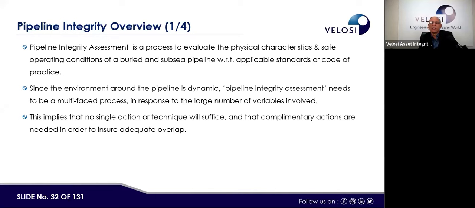ICDA is internal corrosion direct assessment, ECDA is external corrosion direct assessment, then SSCDA, which is sulfide stress corrosion related damage mechanism and direct assessment. So pipeline integrity is practically simpler than the plant, but it has to be managed via external parameters, as the length, the route, or the geography of the pipeline would be changing.